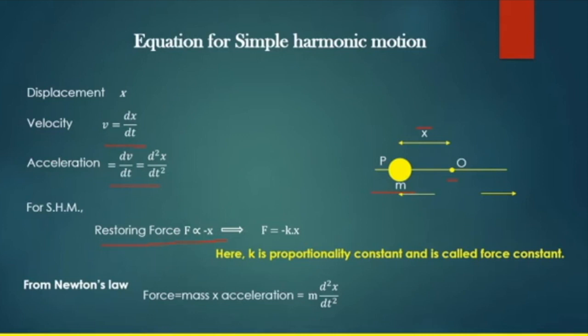So if we put it in an equation, we have to put a proportionality constant k, and this constant is called force constant. From Newton's law, we know already that the force is equal to mass into acceleration. So mass is m and the acceleration is d²x/dt².